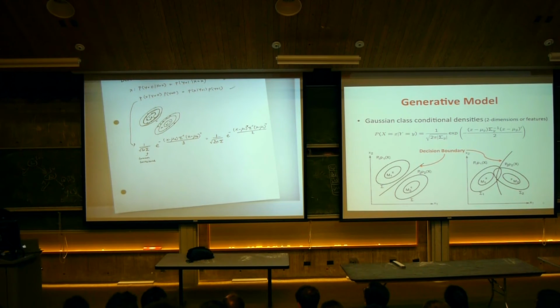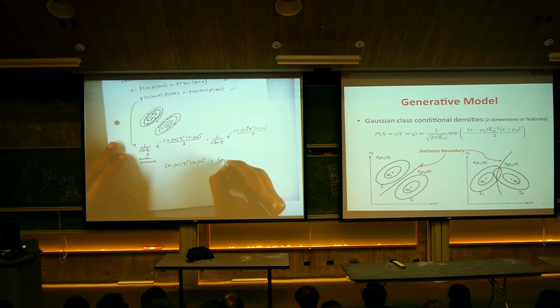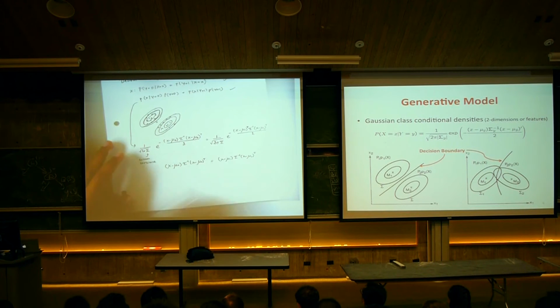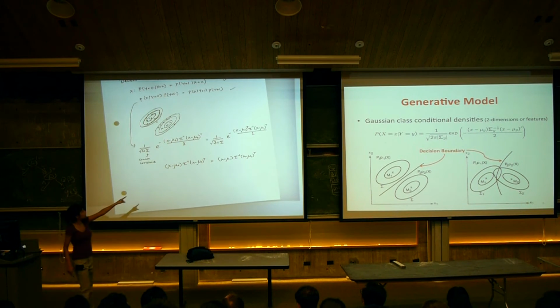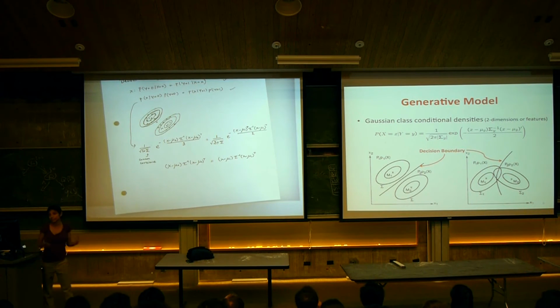So all this boils down to is looking at when this is equal to that. And you can clearly see that because the sigmas are the same on the two sides, the x sigma inverse x transpose, which is the quadratic part, drops out on both sides, and you end up with a linear equation. Which says that the set of x's for which the probabilities agree is just a line.